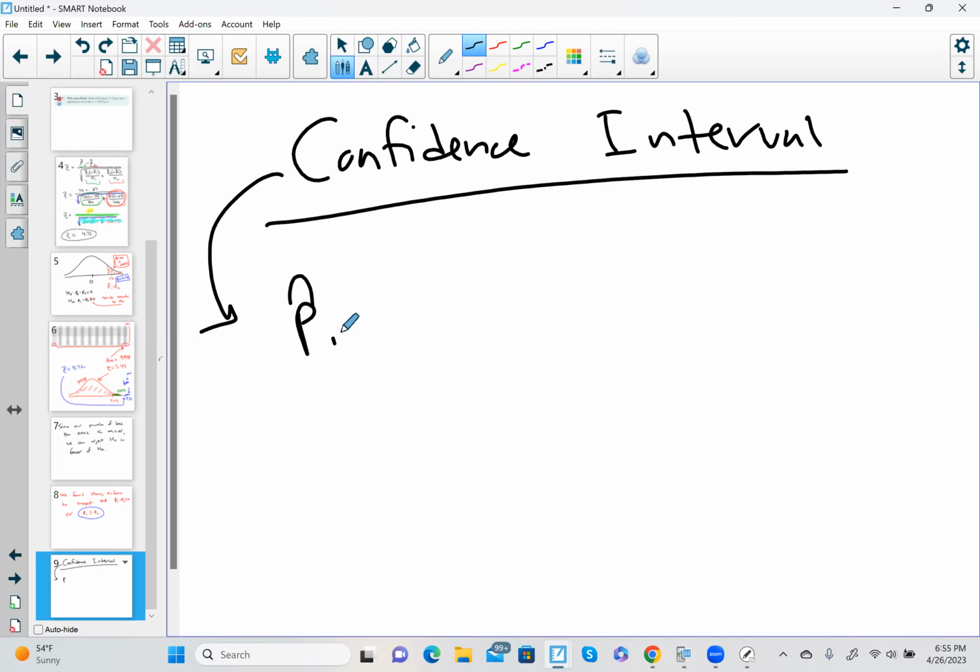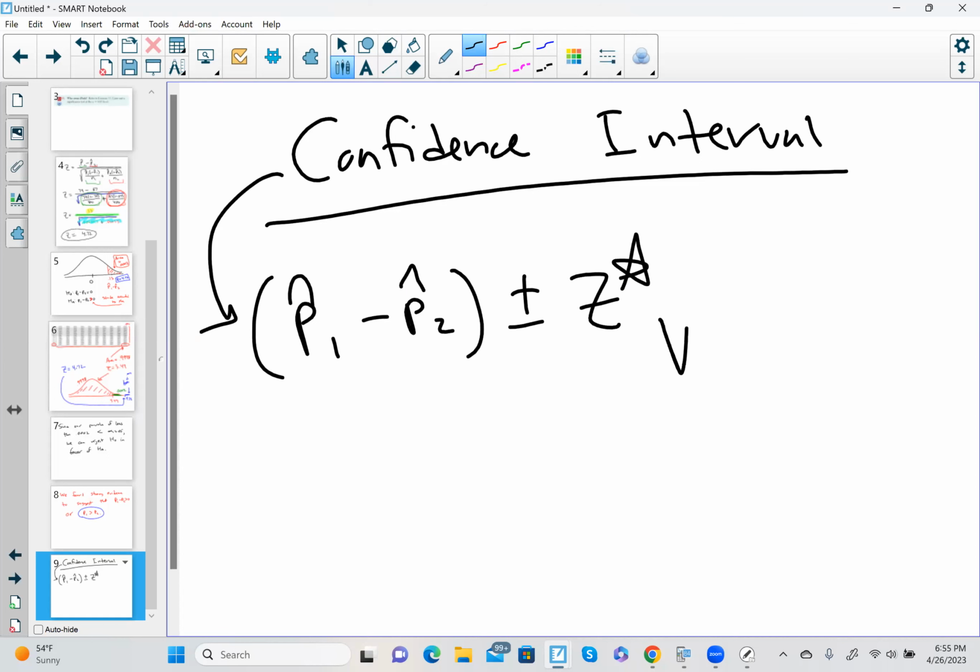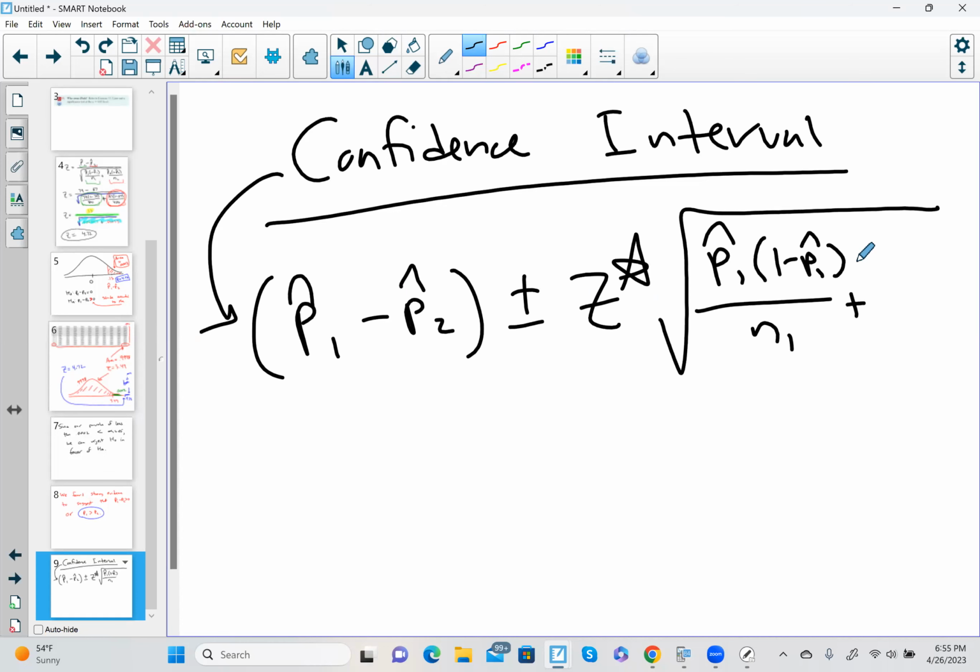It's P1 hat minus P2 hat plus or minus something called Z star times the square root of P1 hat (1 minus P1 hat) over N1 plus P2 hat (1 minus P2 hat) over N2.